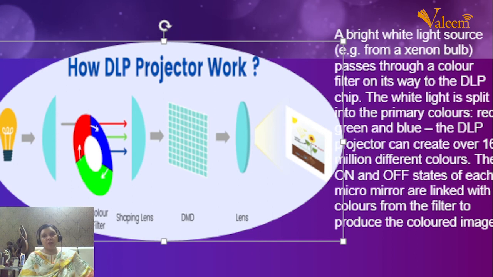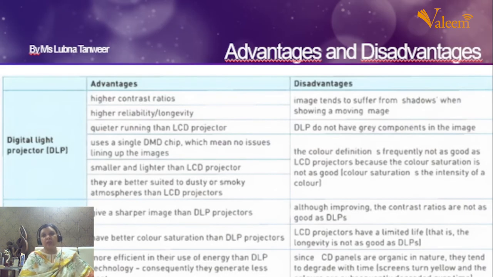Now we are going to go through the advantages and disadvantages of DLP and LCD projectors, right? DLP projectors produce a comparatively sharper image, but the quality of the DLP projector is that it creates exactly the dark black color, right?